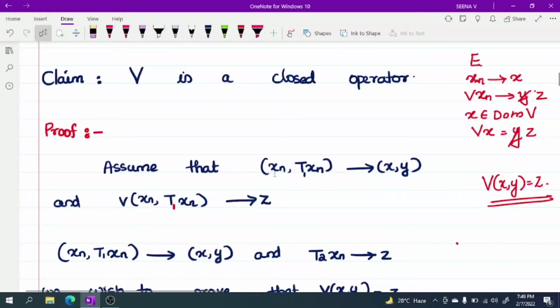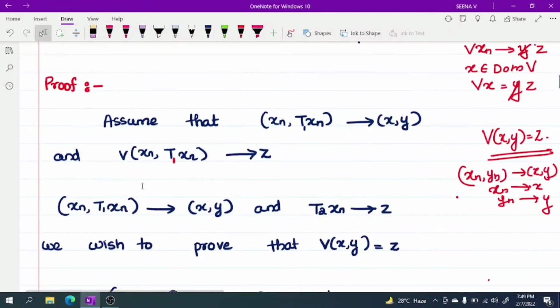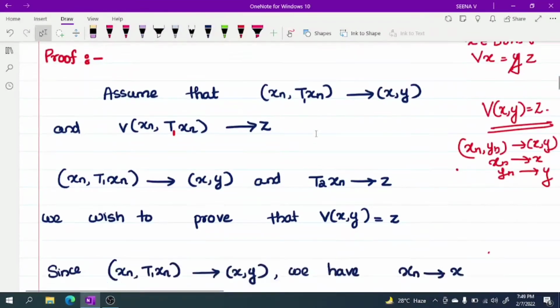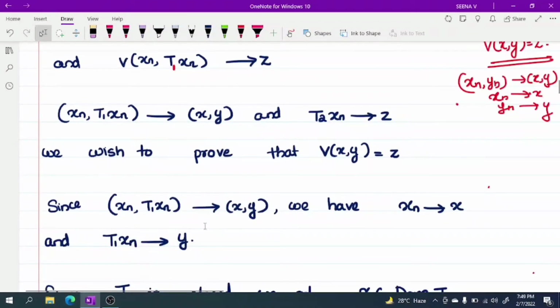So what we have? We have (xn, T1xn) converges to (x, y). What is the meaning of (xn, T1xn) converges to (x, y)? This implies xn converges to x and T1xn converges to y.